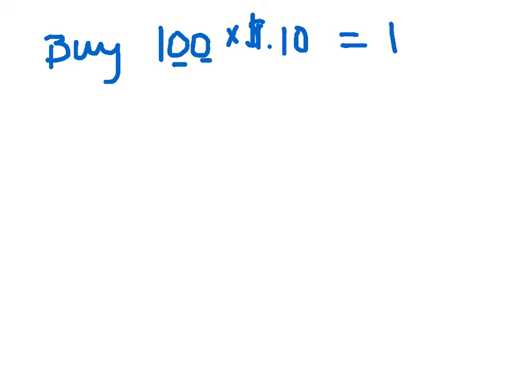So that means that this is going to move over 2, and that means that the person is putting out $10 when they are buying their product.